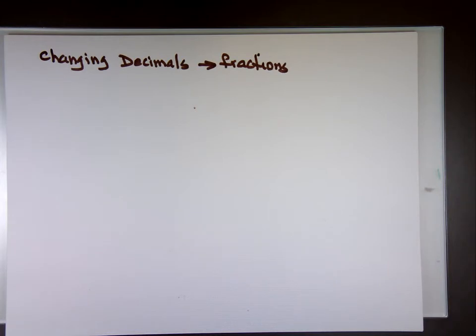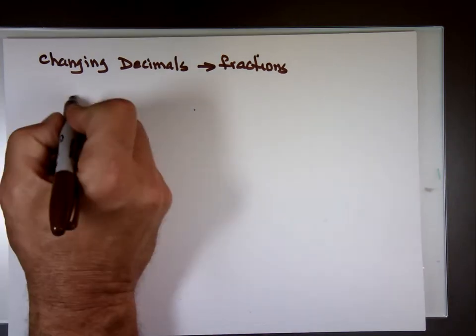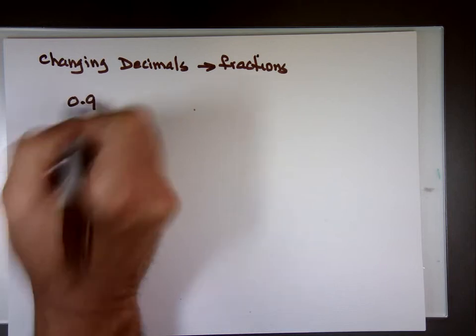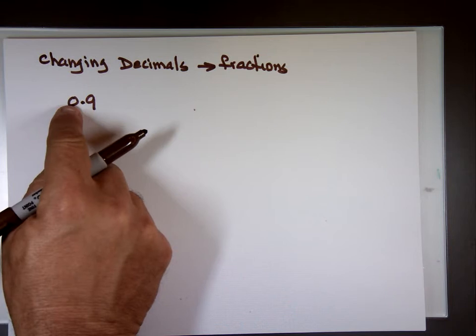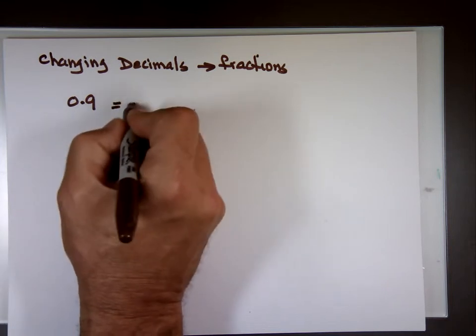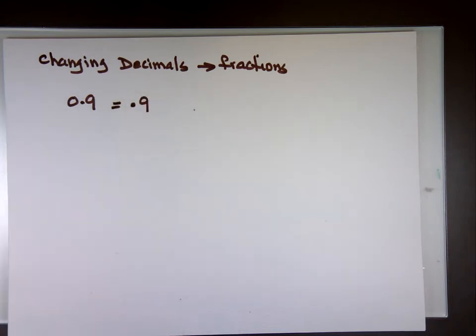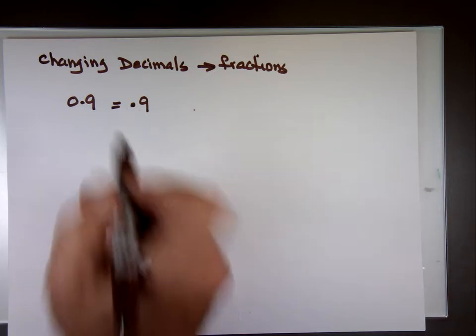For example, I want to change 0.9. Some people like to put the 0 and others don't put it. Either one is correct. So 0.9, or if you just write .9, both mean the same thing. When you look at the value of that, this is the tenth.